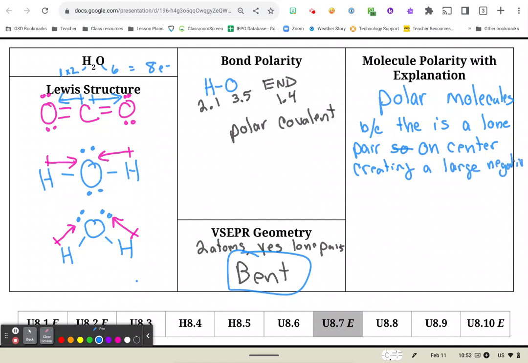And again, we do want you to add that second part, creating a large negative charge. All right, so that would be sufficient. Or in this case, and you can't always do this, but in this one, you could give the reason that the dipole arrows do not cancel each other out.